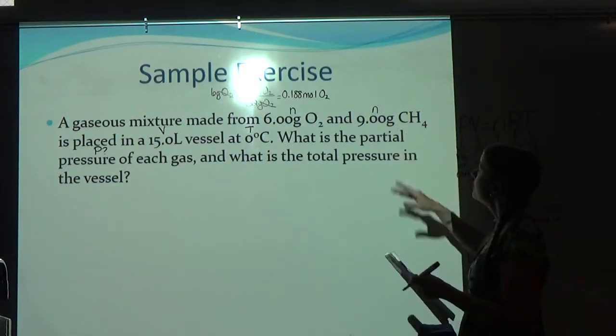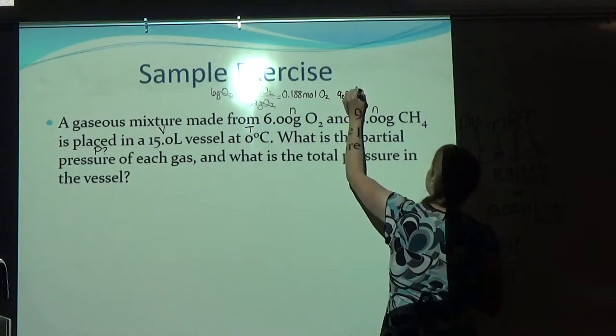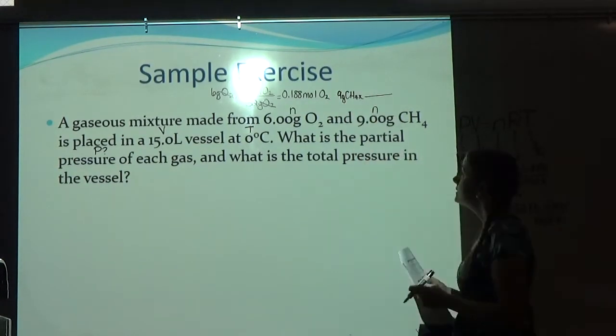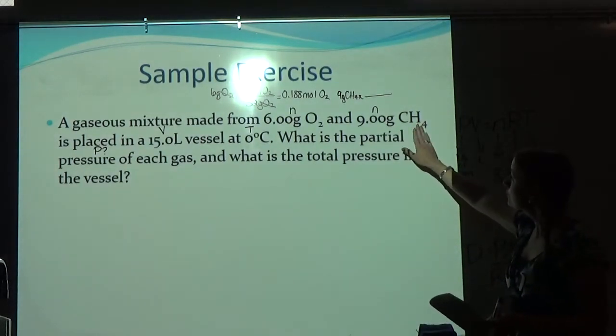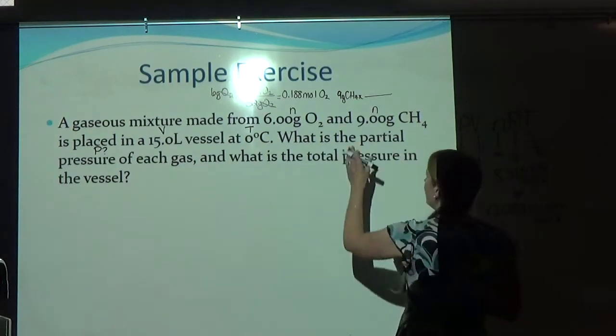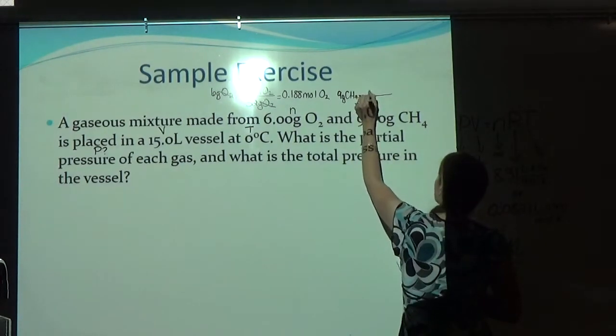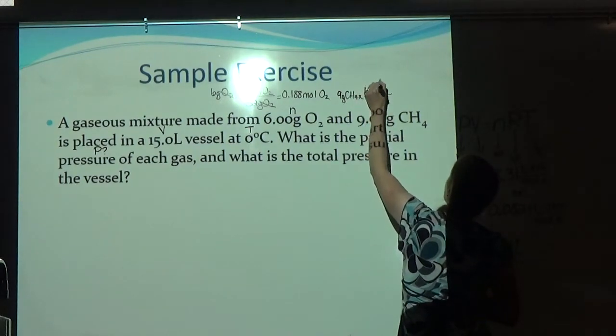All right, now I need to do the same thing for methane. I have 9 grams of methane. I need to change it to moles. So I add up CH4, C is 12, H is 1 times 4, so I get 16 grams per mole. I follow my golden rule. Since I have grams on top, I put my 16 grams on bottom and my 1 mole on top.